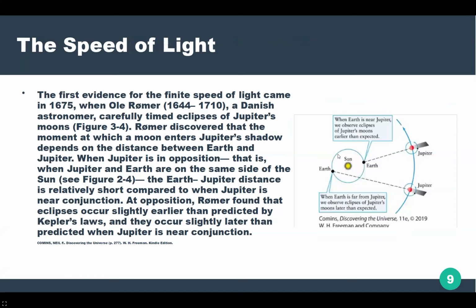At opposition, Romer found that eclipses occur slightly earlier than predicted by Kepler's law, and they occur slightly later than predicted when Jupiter is near conjunction, meaning that the light you see from these eclipses has to travel a shorter distance when Jupiter is in opposition and a greater distance when it is in conjunction.